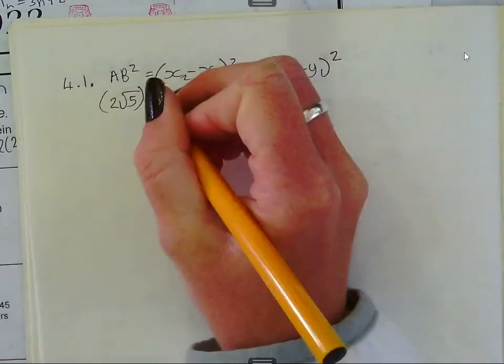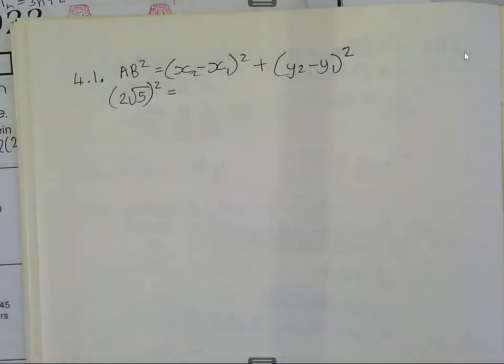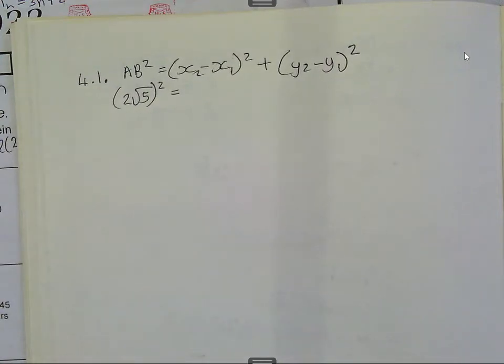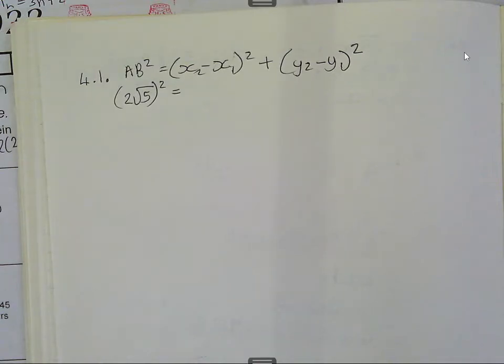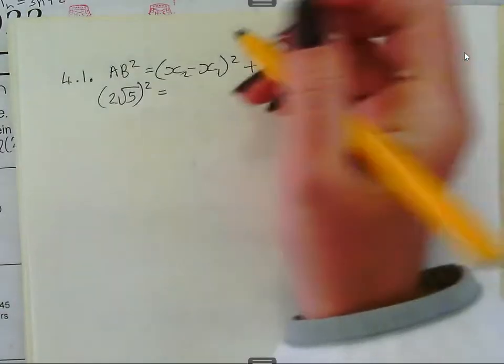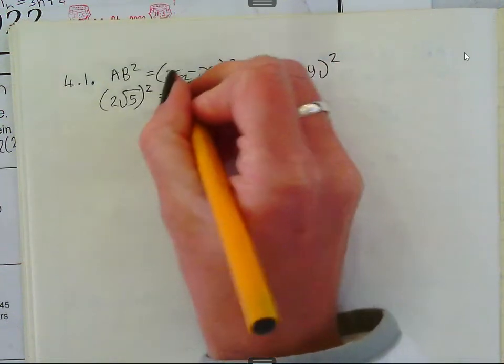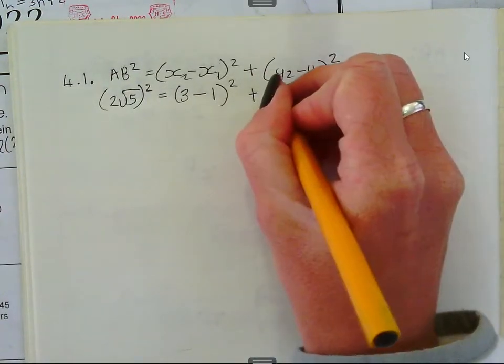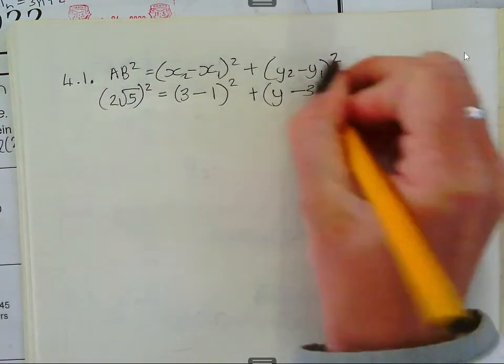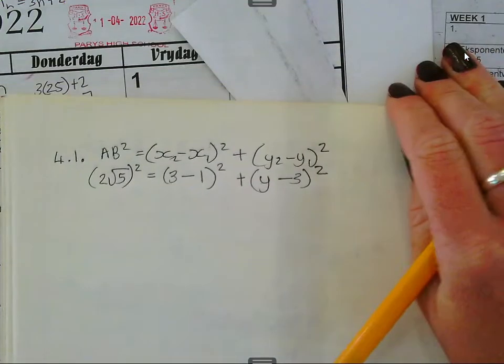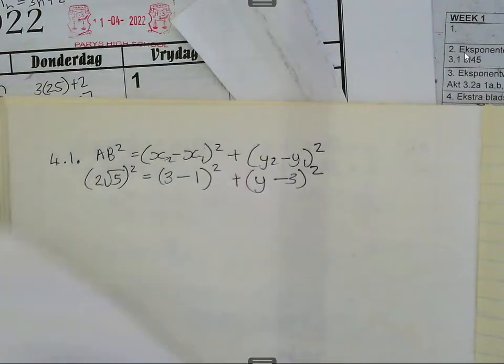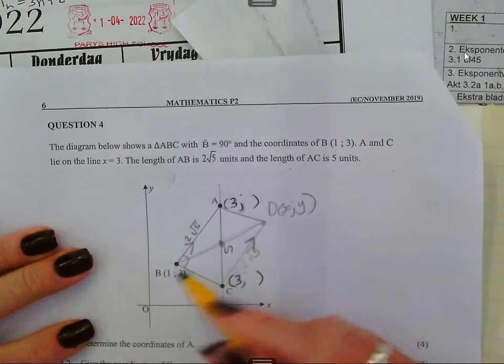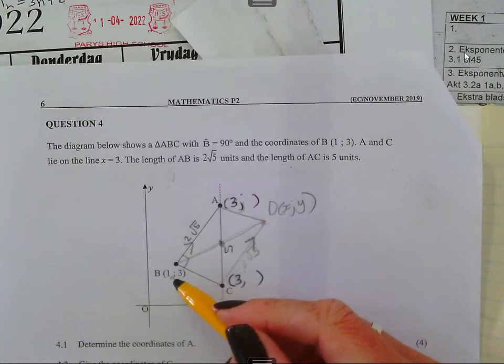We didn't do question 4. Okay, 4.1. You had to calculate the coordinates of A. I saw those of you doing it in class that you were getting it right.